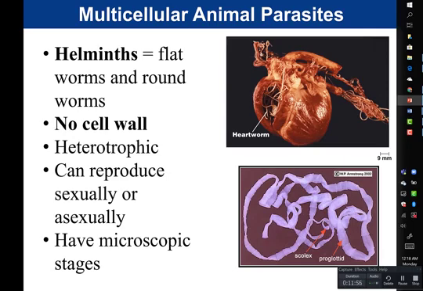The reason that we're studying these is that, while these worms are actually quite large, they do have microscopic stages, and they can cause disease. This is why we will be talking about these in microbiology as well.